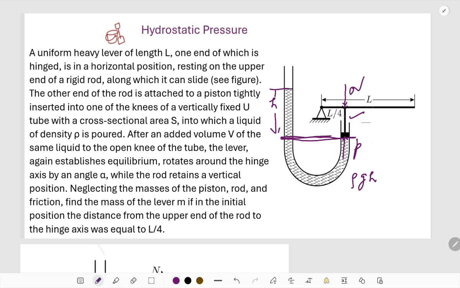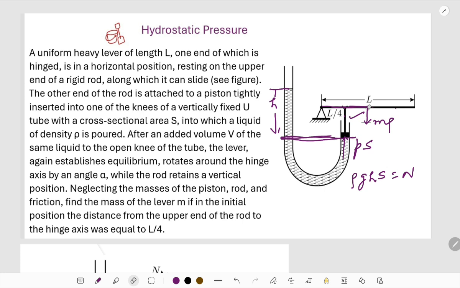The cross-sectional area of the piston is S given, so I should write it S. So this is the force here, and this force will be equal to the normal, and a force of gravity that is at the length L by 2 from it will be acting like this. Its mass is m, and which is to be found, so mg is acting on this lever.